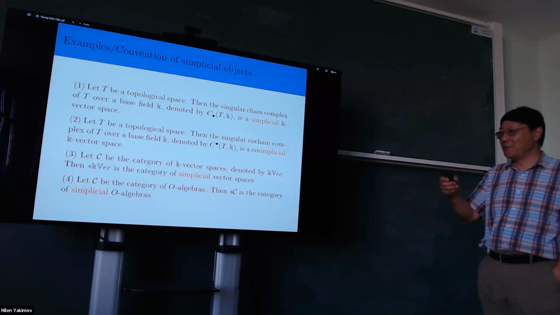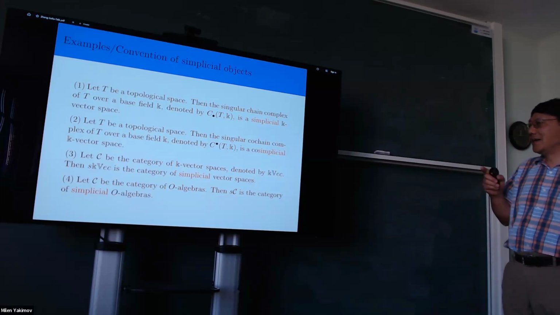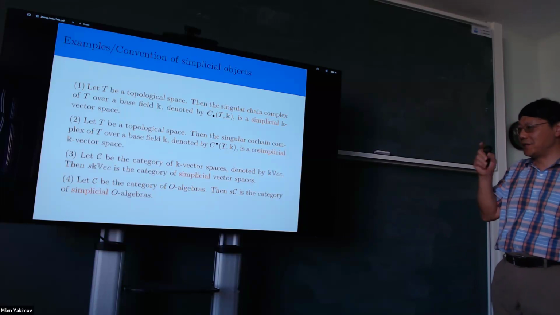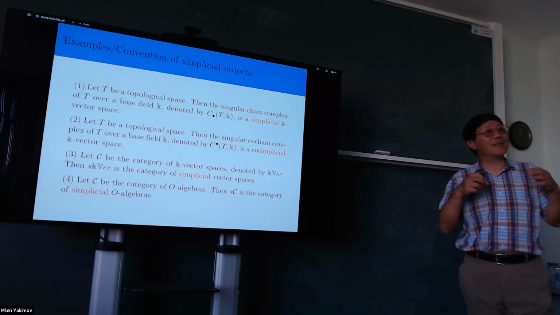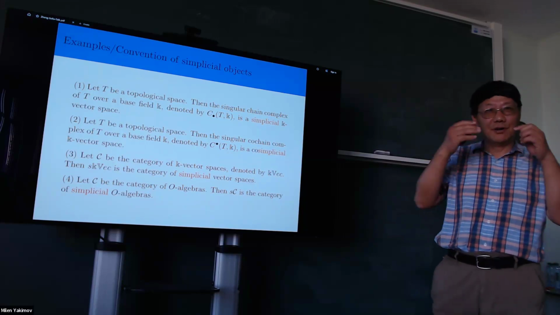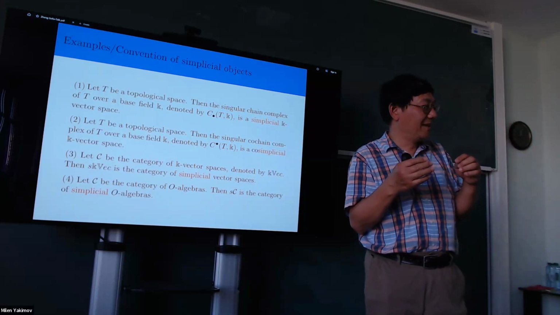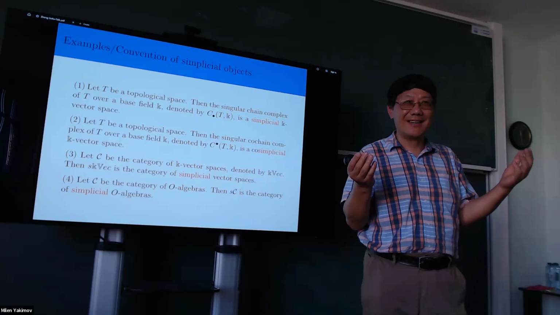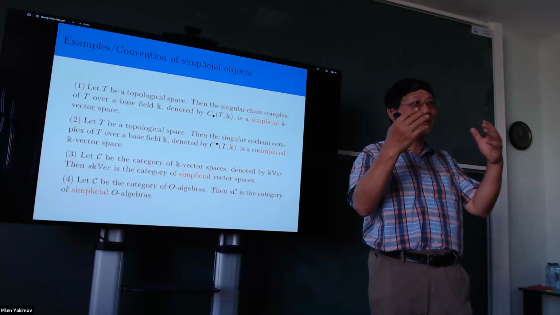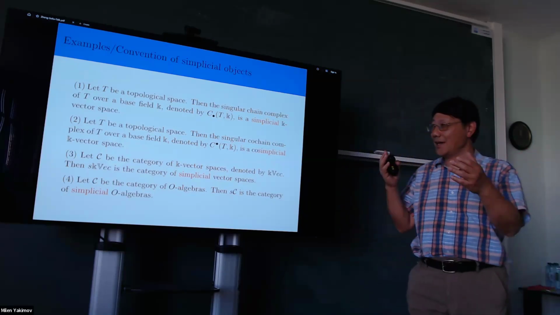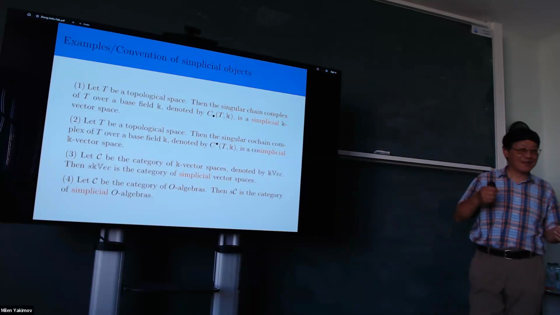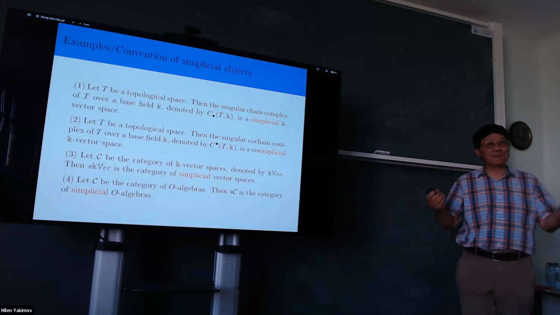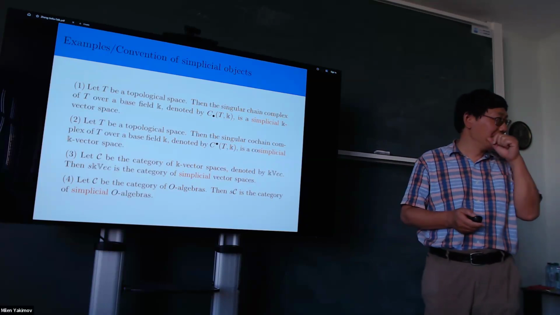So if we take C to be the O-algebras, then we use sC to be the category of simplicial O-algebras. Now we can talk about simplicial O-algebras. We start from the category of O-algebras, and then we have a definition of simplicial object on this category. Hopefully this explains the word simplicial.